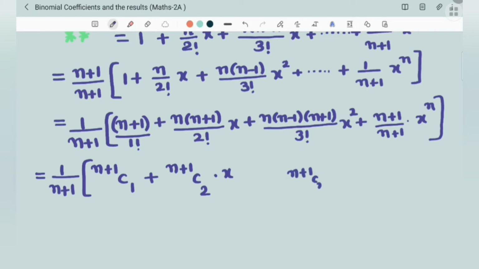n plus 1 c2. By definition of nCr, n plus 1 factorial by r factorial into n minus r factorial. So n plus 1 minus 2, n minus 1 factorial.